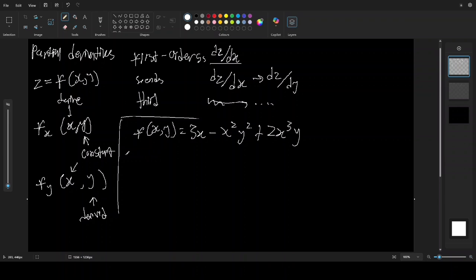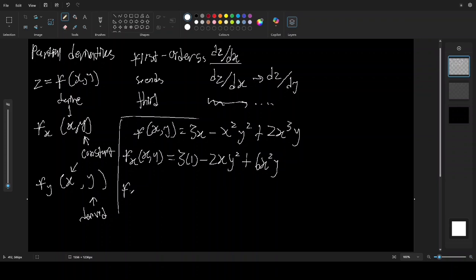Now, for f_x(x, y), we won't copy this, so we just look from over here. So 3x gives 3, minus, since it's x^2, 2x. The y remains unchanged since it is still part of the same section, so it stays as a constant. Plus 3 times 2, 6x^2 y.